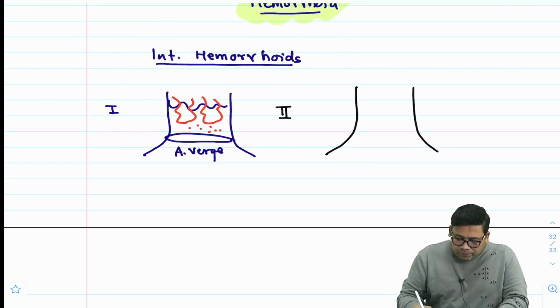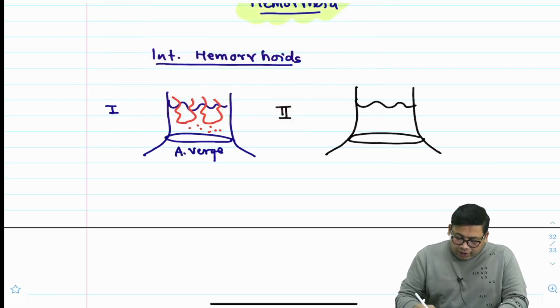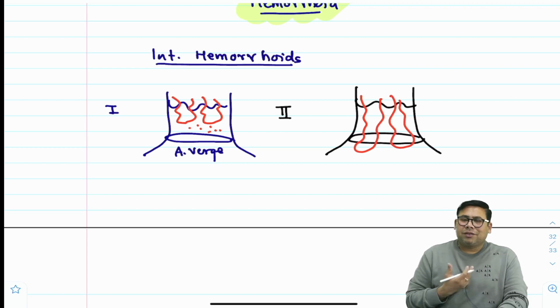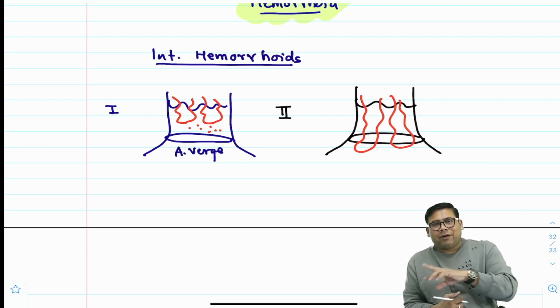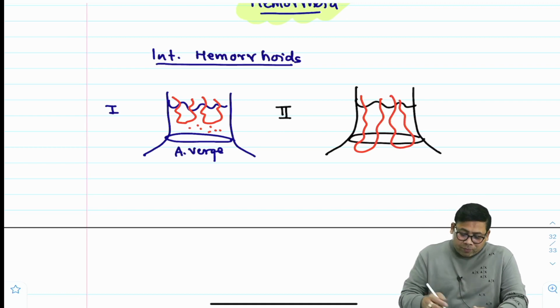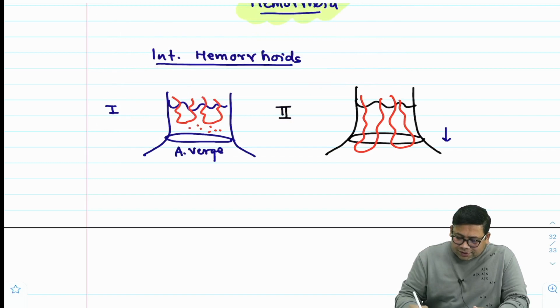Grade 2: this is the dentate line, and the anal cushions often come out. There are 3 anal cushions, 2 on the right and 1 on the left lateral: right posterolateral, right anterolateral. They descend during defecation, which is very, very important.